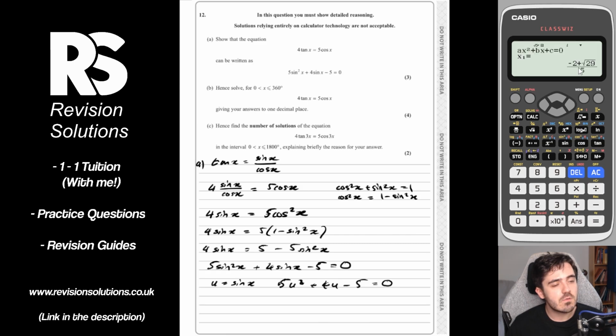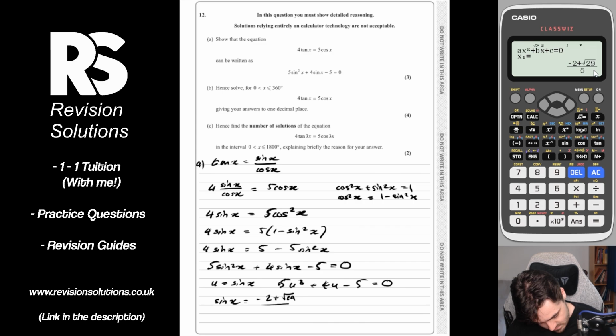And we'll get our first root is minus 2 plus root 29 on 5, which is actually what sine x is equal to. So we get sine x equals minus 2 plus root 29 over 5. And if I hit equals, I'll get the other solution, minus 2 minus root 29 on 5. So we have another solution of sine x equals minus 2 minus root 29 on 5.